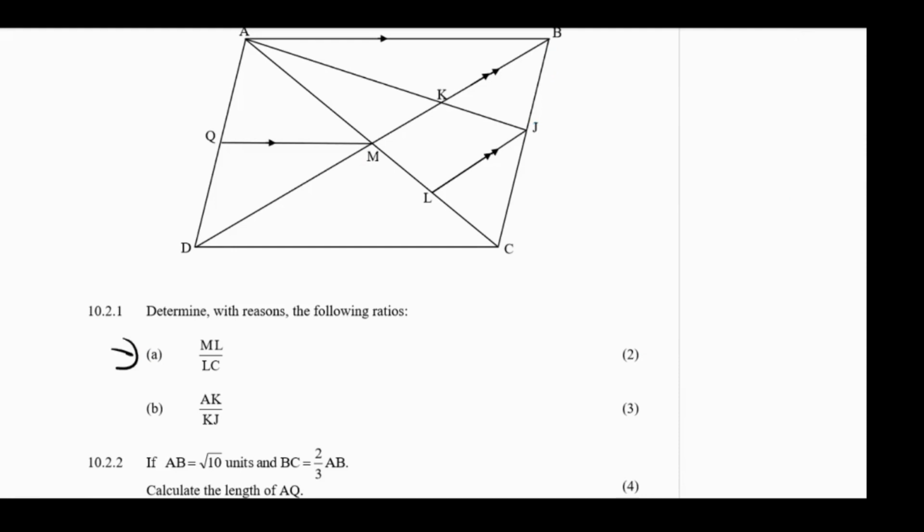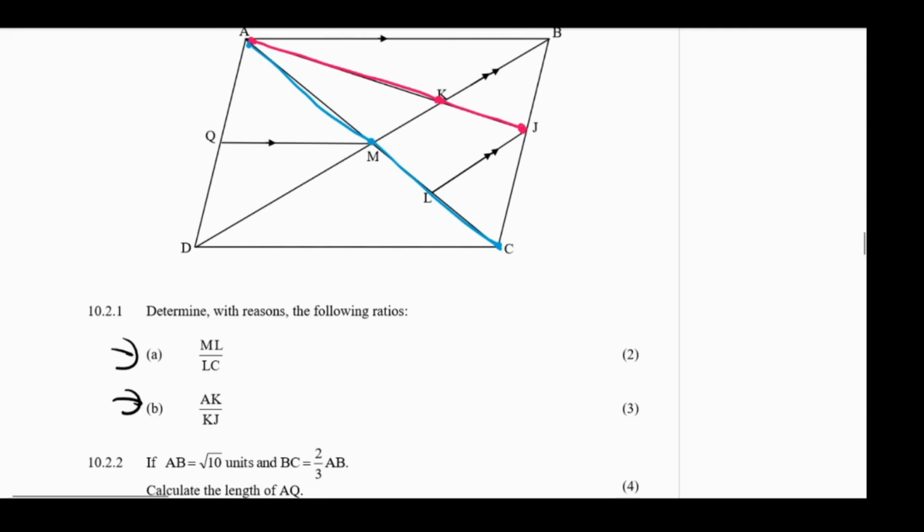So we are done with this one, A. Now we're going to B. AK over KJ. So this is AK, so let me use this color. This is AK over KJ, right? For us to find the ratio of this one, we need to find this ratio, AM and MC, right?